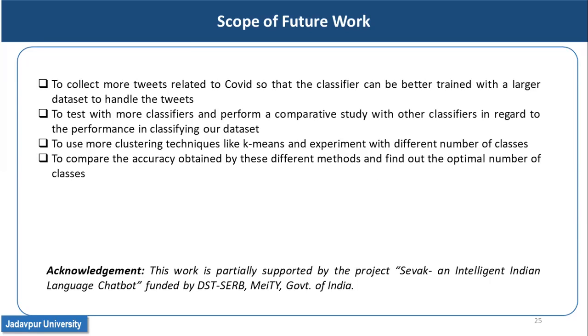That is our aim. We also want to use more classifiers and perform a comparative study with other classifiers, use more clustering techniques like k-means and experiment with different numbers of classes, compare the accuracy obtained by these different methods, and find the optimal number of classes required.